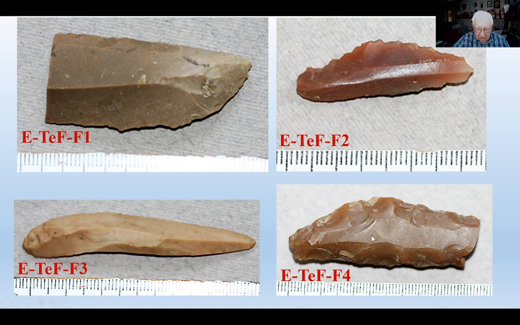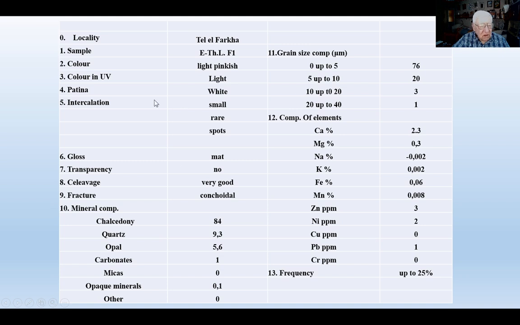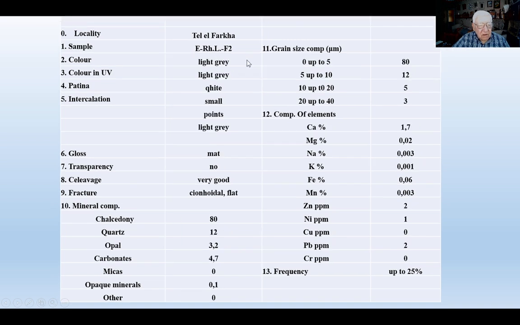There are types of this flint. And at Tel el Farkha we have various types of flints. There are characteristic macroscopic features: gloss, transparency, cleavage, so mineral composition, grain size composition, and chemistry.